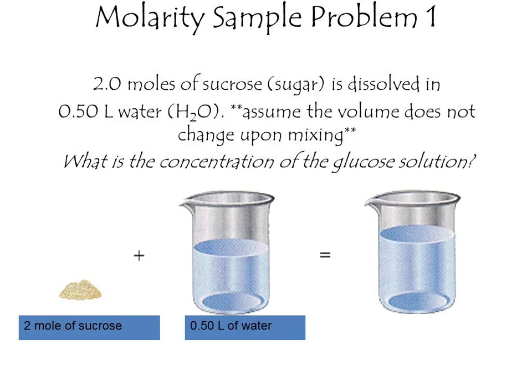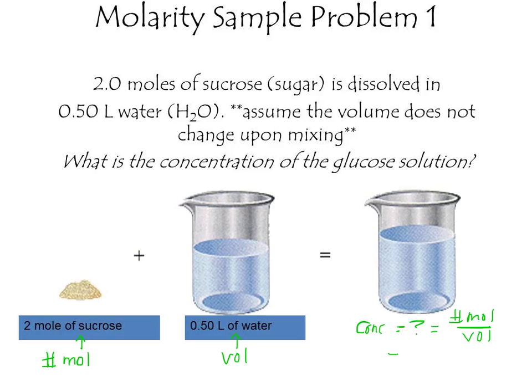So if you're given 2 moles of sucrose, and you have a total of 0.5 liters that you're forming, what is my new concentration? So here is my number of moles, and here is my volume. So I would just calculate concentration by taking the number of moles and dividing it by the volume.